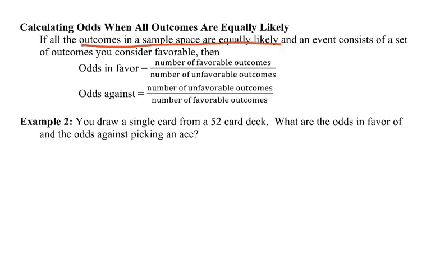And the casual, comfortable way of describing calculating odds when all outcomes are equally likely is to say simply that if all the outcomes in a sample space are equally likely, and an event consists of a set of outcomes that you consider, let's say, favorable, then the odds in favor of the event is the number of favorable outcomes over the number of unfavorable outcomes.